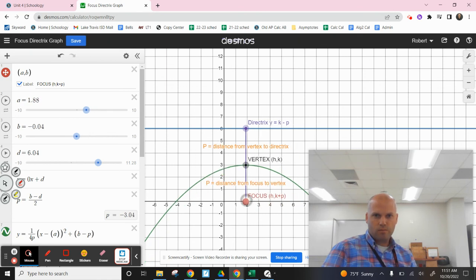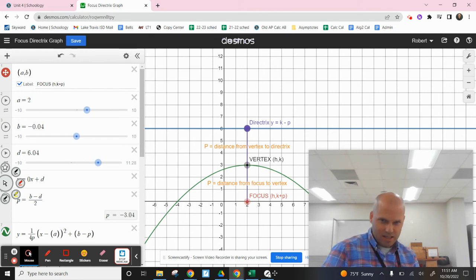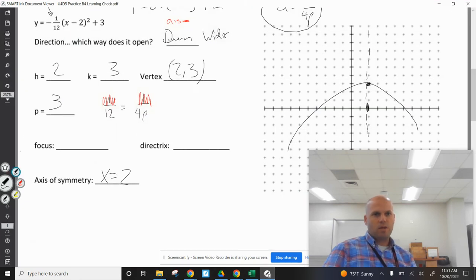There's my vertex at (2, 3). There's my directrix, y equals 6. Here's my focus. That's it, guys, but you have to be able to do that. You have to be able to say, yep, 1, 2, 3. That's not my focus. My focus is inside my parabola.